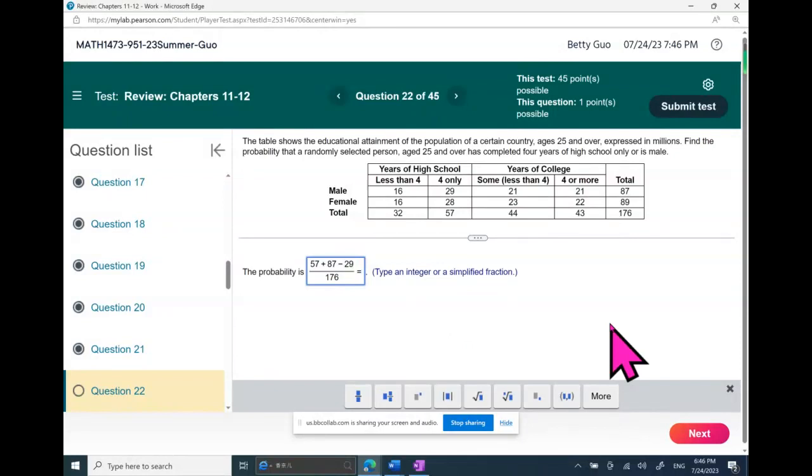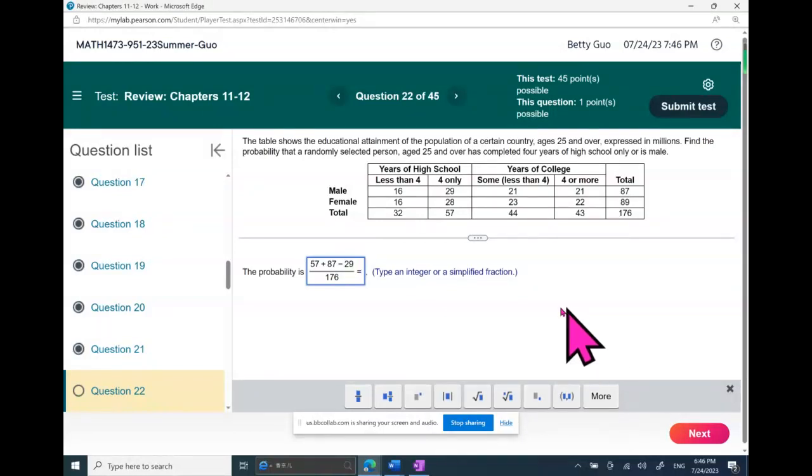So 57 plus 87 minus 29, divided by 176. Convert that to fraction and simplify.